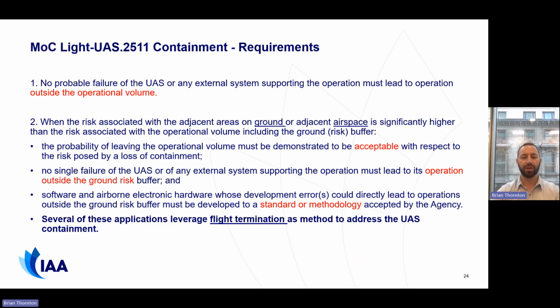The probability of leaving the operational volume must be demonstrated to be acceptable with respect to the risk posed by the loss of containment. No single failure of the UAS or of any external system supporting the operation must lead to its operation outside the ground risk buffer.